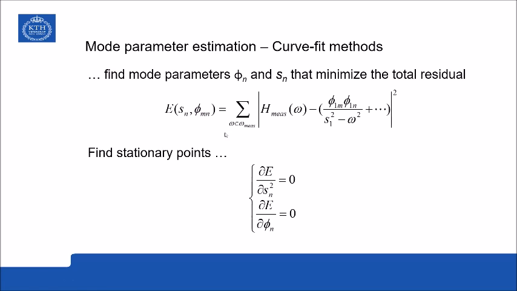So in this case we must find the zeros of the partial derivative of the total residual with respect to the complex system poles, and with respect to the mode shape vector components.